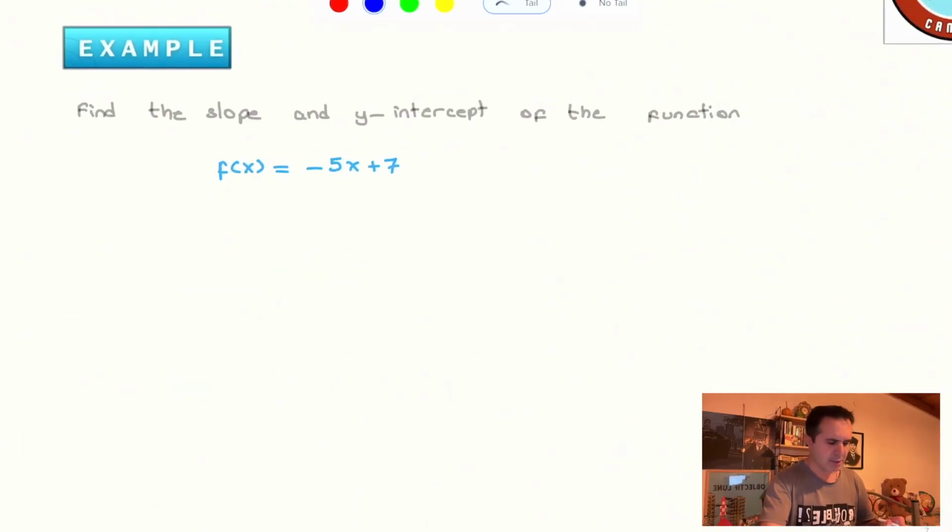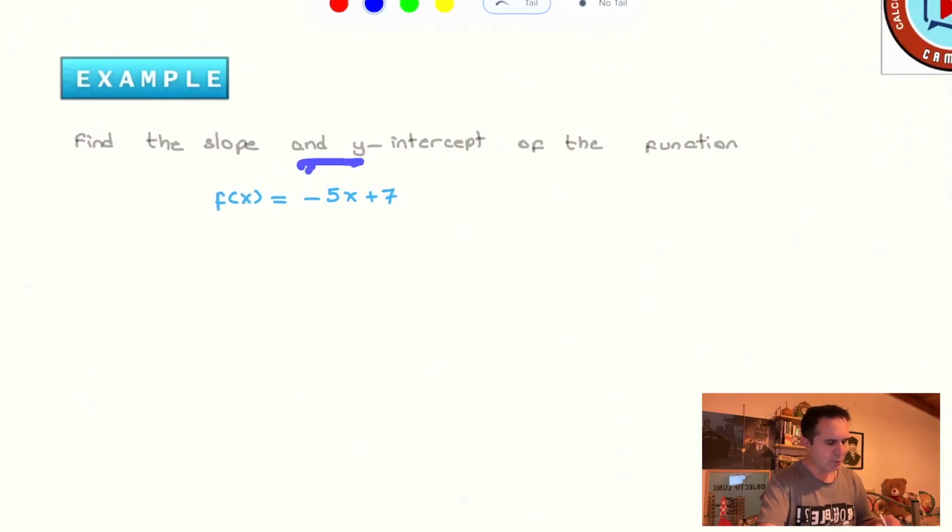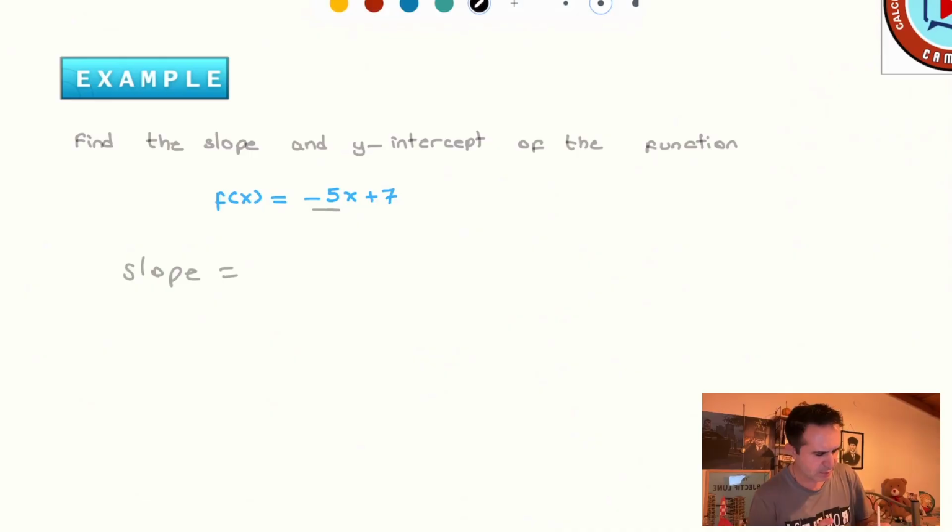Our first example: find the slope and y-intercept of the function f of x equals minus 5x plus 7. Our slope is minus 5. And the y-intercept is that part.